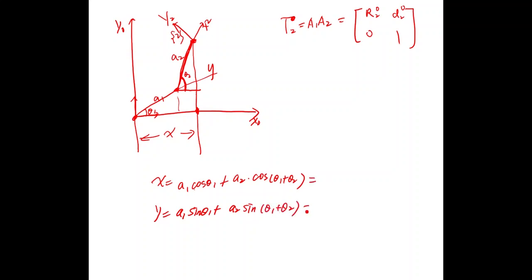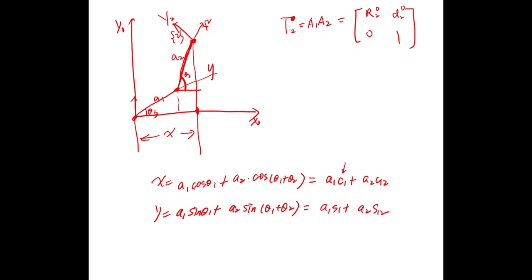So if we use C and S to write that down, it can be written as A1 times C1, where C1 means cosine theta 1, plus A2 times C12, where C12 means cosine of theta 1 plus theta 2. And y is A1 S1 plus A2 S12, okay?